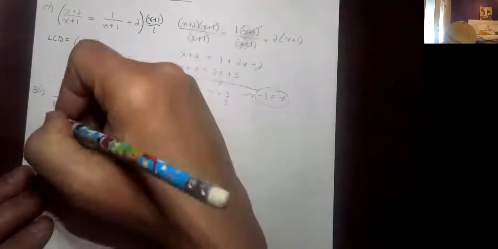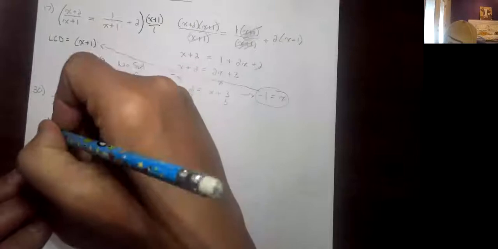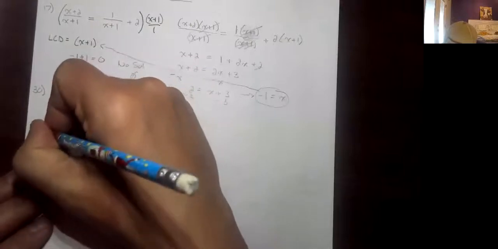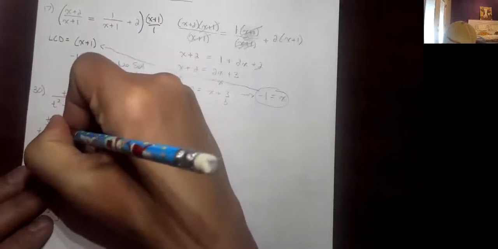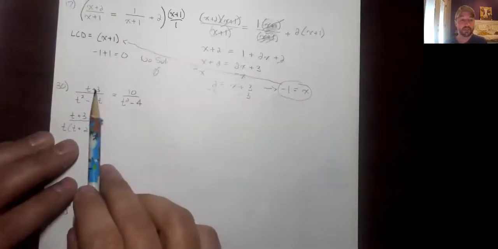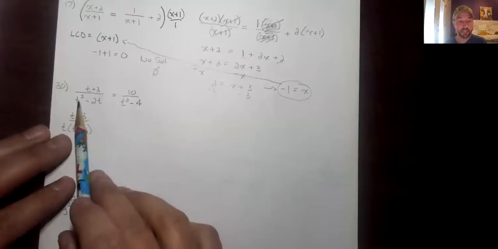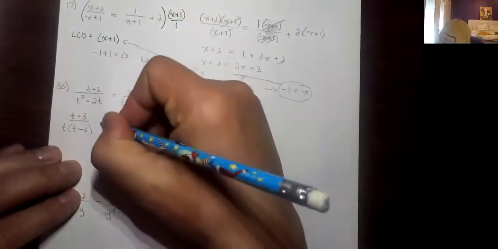So now number 30, what I have to do is expand this a bit first because I need to know what my actual LCD is. So I have t plus 3 on the top. I'm going to factor a t out. T times t plus 2, or minus. See, I almost messed that up. T times t minus 2.